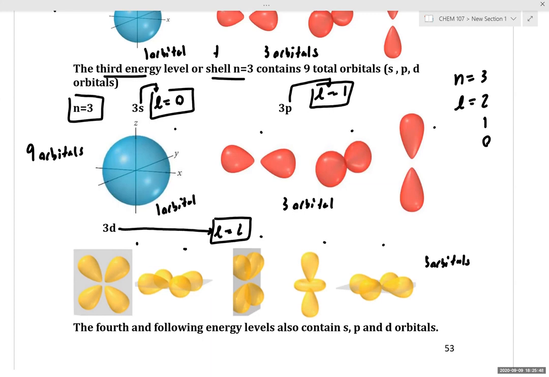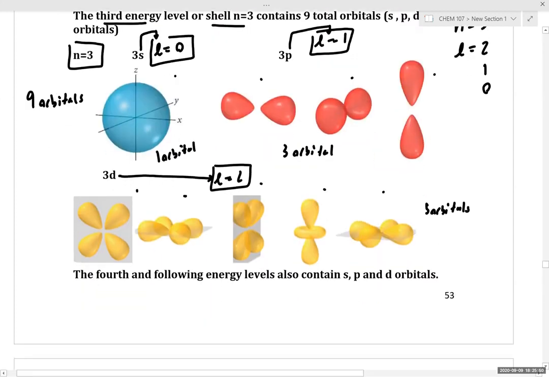So for the D subshell, how many unique orbital shapes do we have if we count them up? 3, 4, 5. Okay. And now adding up these 5 orbitals in our D subshell with our other subshells, we take 5 and we add these remaining 4 orbitals to get our total.